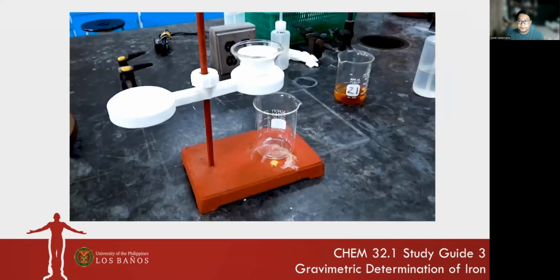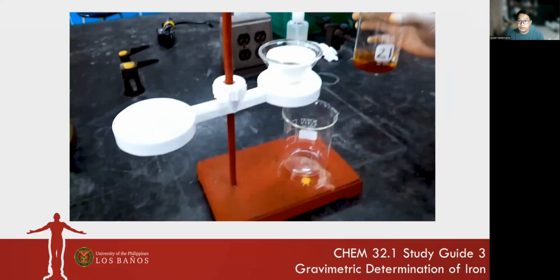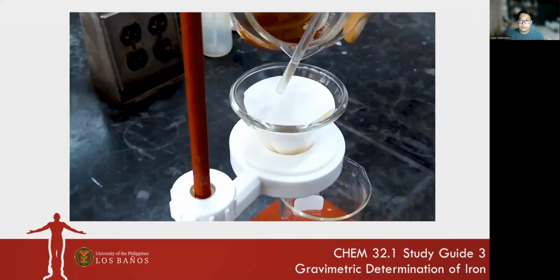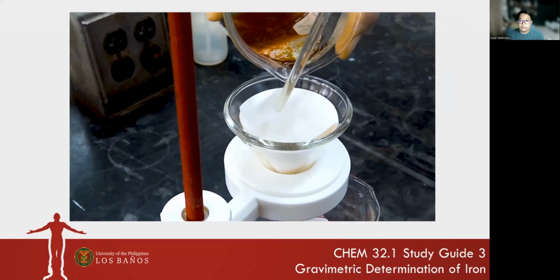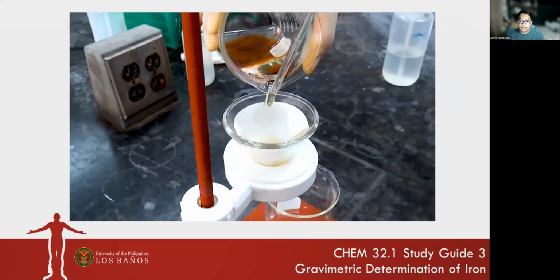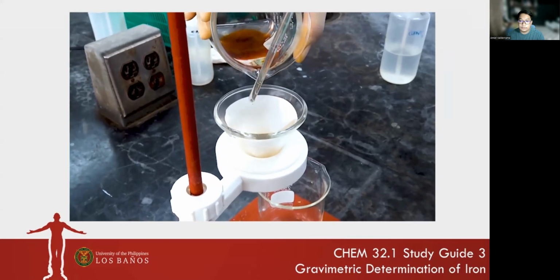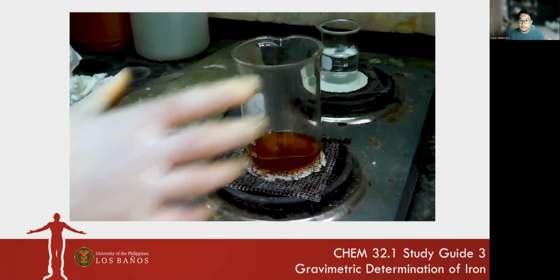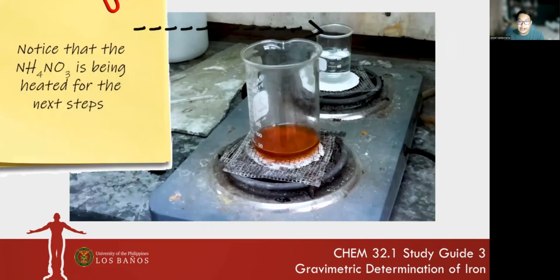So this is your setup. As you can see here, as you reheat the mixture, while there is pending filtration happening on the other side, notice that your ammonium nitrate is being heated for the next step, the washing part, since you have to make use of a hot washing reagent as well.